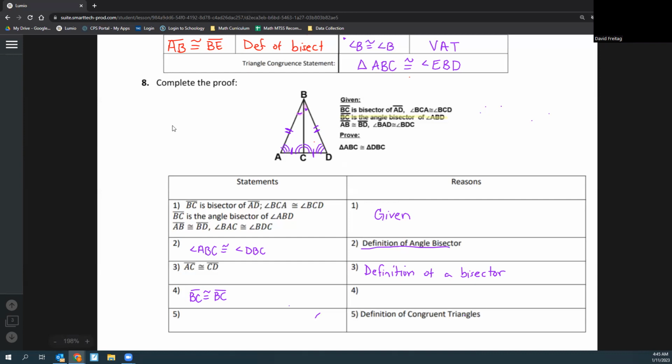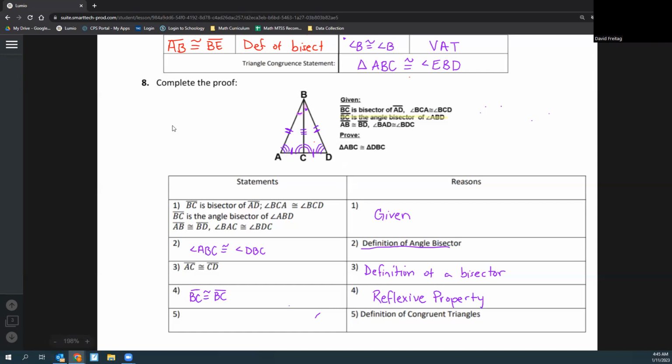And that is by the reflexive property, which is a property that states that you are congruent to yourself or you're equal to yourself.